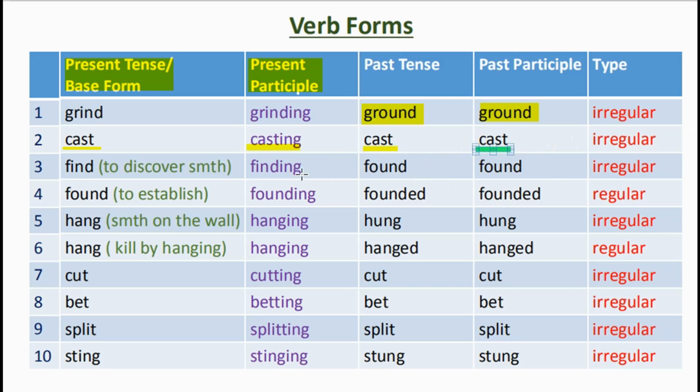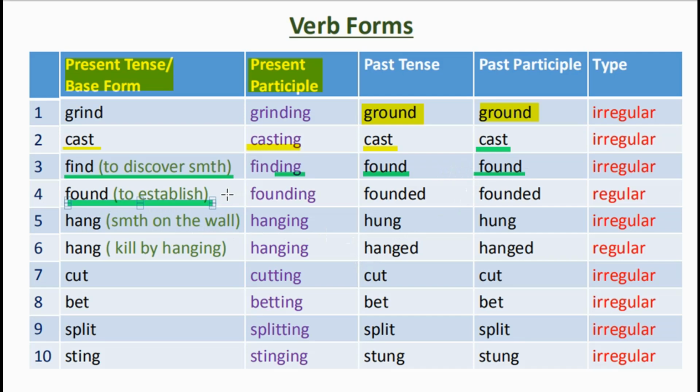Number three, find, when we mean to discover something, when you are looking for something and by the time you see that something, by the time you find it. Present participle is finding, but the past tense is found, F-O-U-N-D, and the past participle also is found. In number four, we have found as a verb on its own.